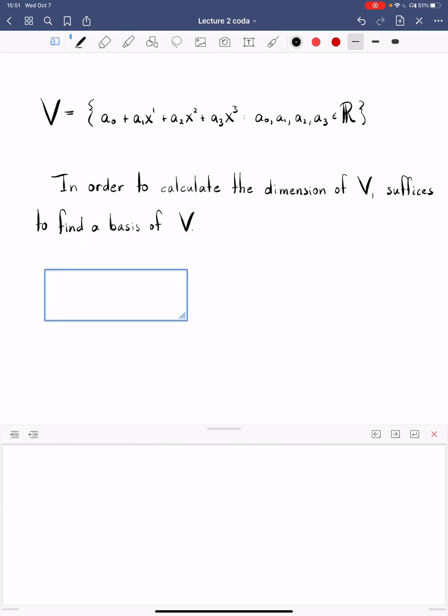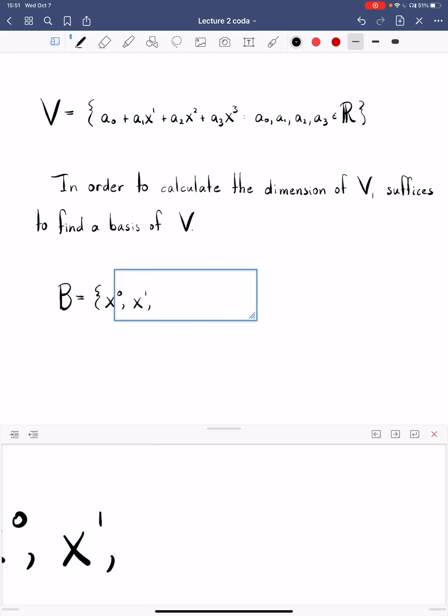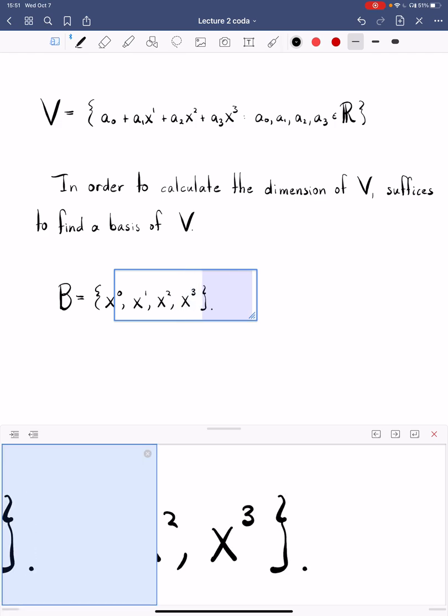So I'm looking for a subset of V which spans the vector space V. So here's a set of polynomials that spans V: x to the 0, which is the same thing as 1, x to the 1, x to the 2, x to the 3, right? Those are vectors in V. They're polynomials in the variable x, and there are 4 of them, and they definitely span V. In fact, that's sort of the definition of what polynomials of degree at most 3 are.